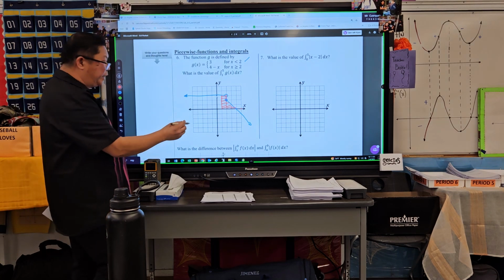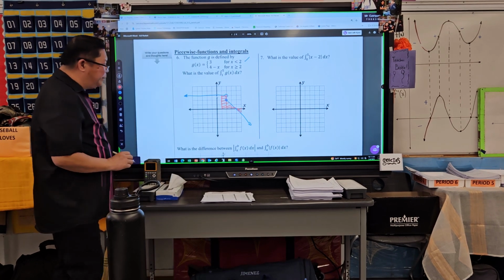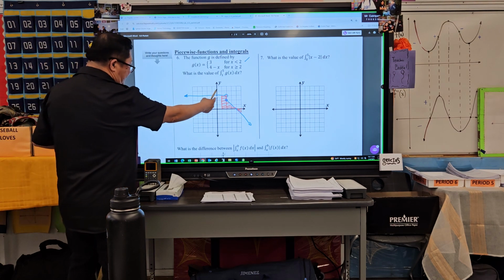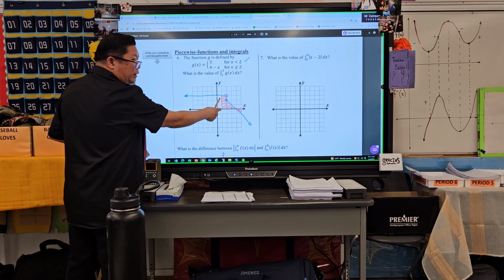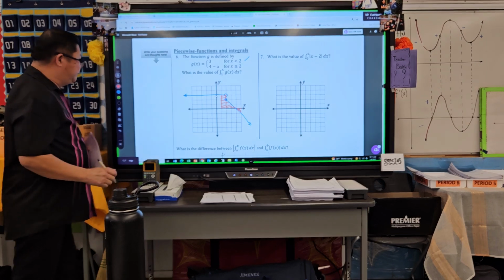And then right here at the bottom, we know that the bottom is negative. So what is the area now? Can we slice it? How many squares are there from interval 1 to 2?